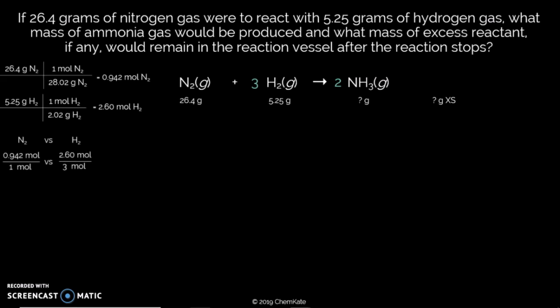You put the given amount, 0.942 moles of nitrogen, versus the 2.60 moles of hydrogen, and you divide each respective given amount by their respective mole ratio amount. So the nitrogen should be 1 and the hydrogen should be 3.